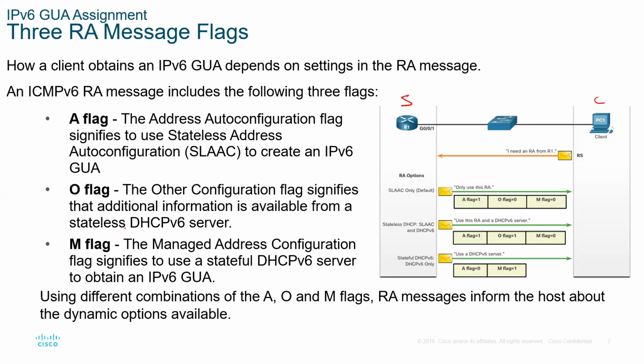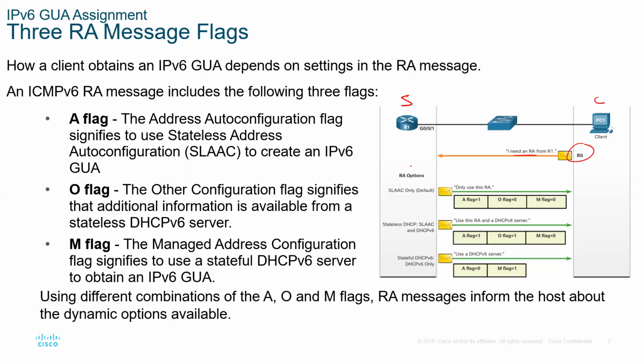When a client wants to request information to do with IPv6 addressing, it sends an RS message. Here is highlighted, I need an RA from R1. So an RS, router solicitation, is basically asking, I'm new to the network, I need an IPv6 address.